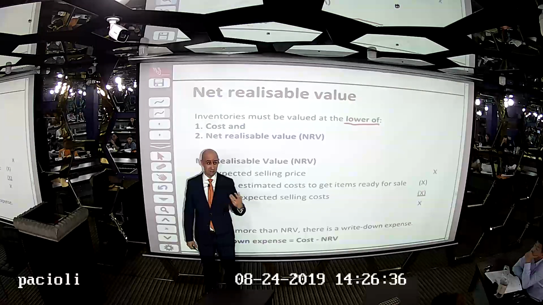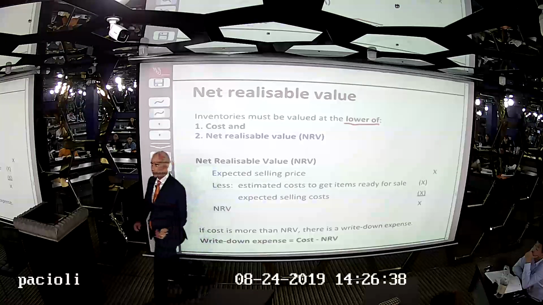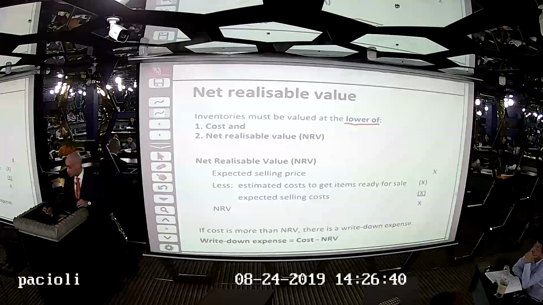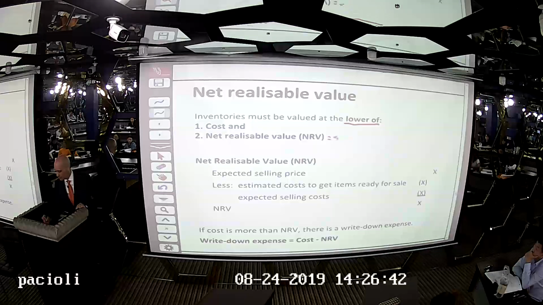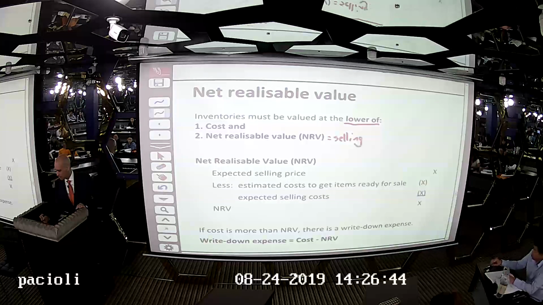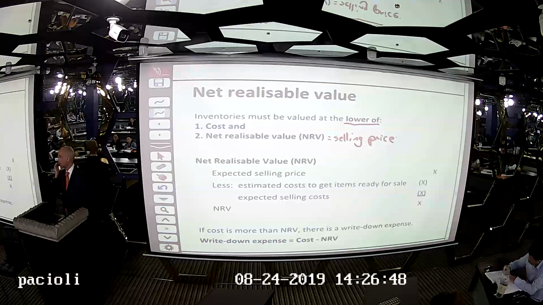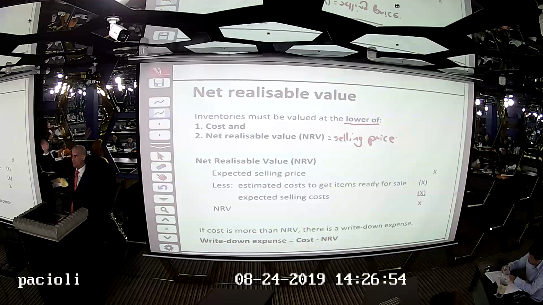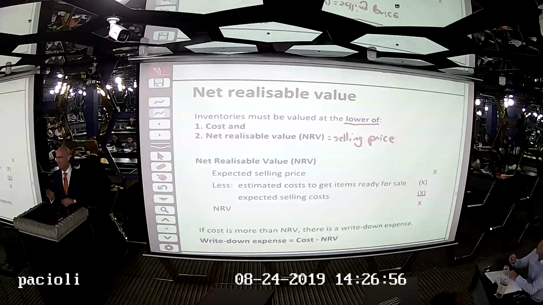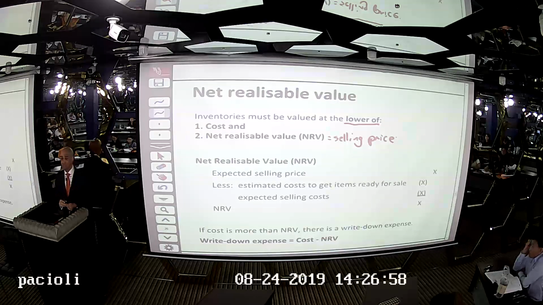So usually the net realizable value is just equal to the selling price, and the selling price of the inventory is usually higher than the cost. So in that case, there's no write-down, you just keep the cost.